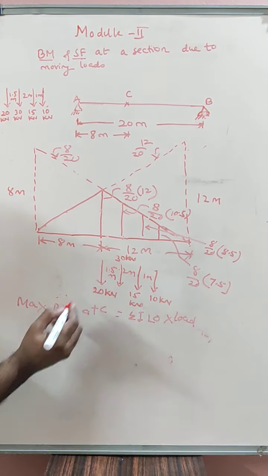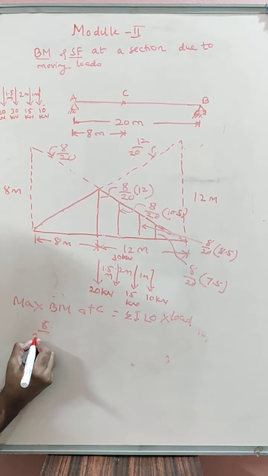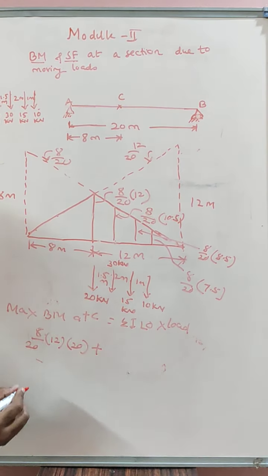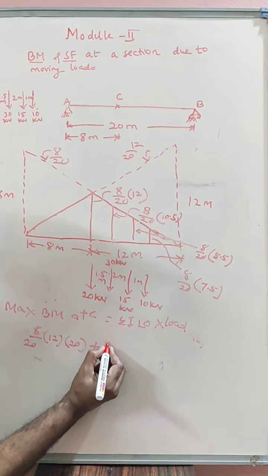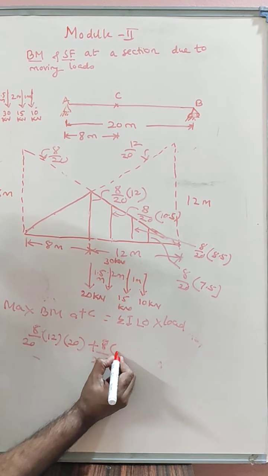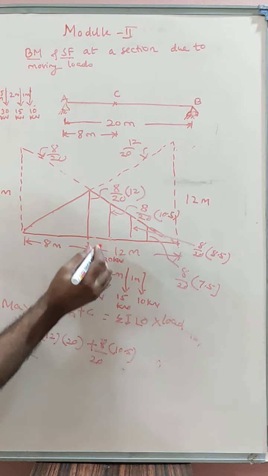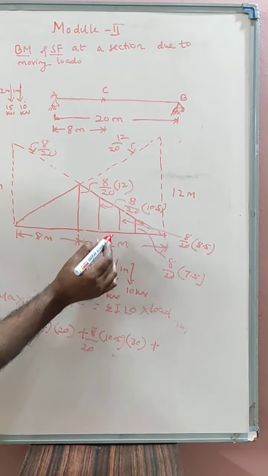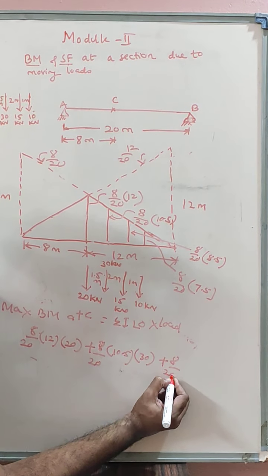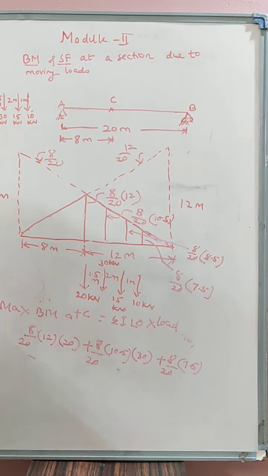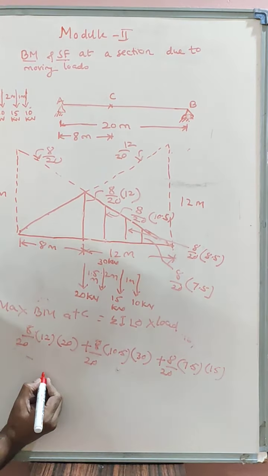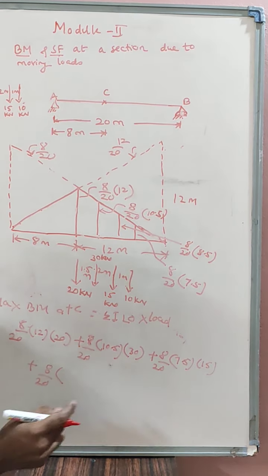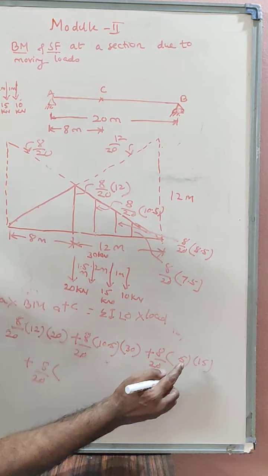So first, this ordinate, what is this? 8 by 20, big one. 8 by 20 into 12 into 20, this ordinate, plus next 8 by 20 into 10.5 into 30, plus the third one, 8 by 20 into 8.5 into 15, sorry, it's not 7.5, 8 by 20 into 8.5 this is.